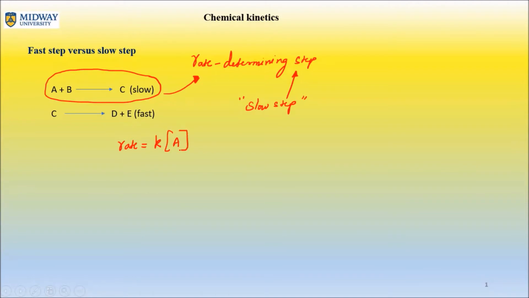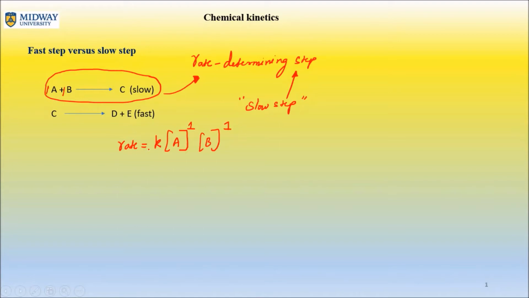Well, in this case, because this is the rate determining step and we know everything in here counts, this is equivalent to an elementary reaction. So we can use the numbers in front of it as the exponents, so A to the 1 and B to the 1. Remember, we write the rate expression only for the reactants, because essentially the products are the opposite of that, right? That's all there is to it.